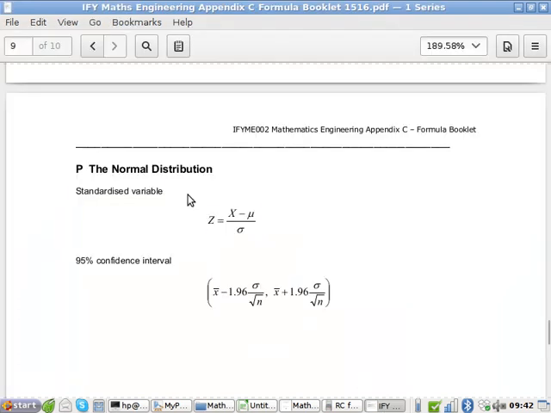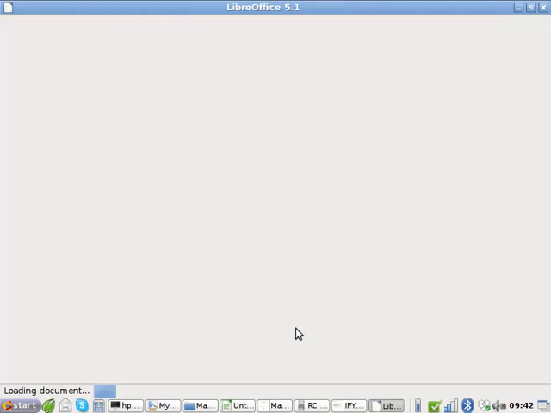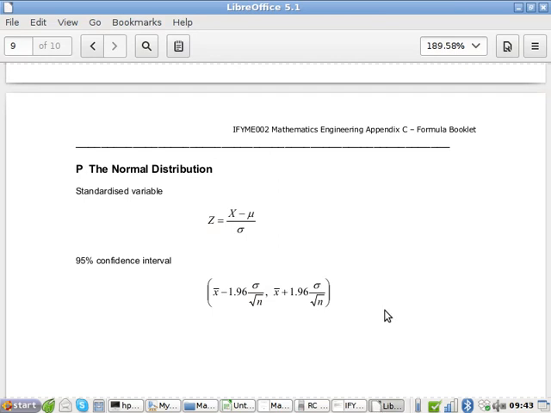So yeah, you missed that lesson on using this formula, and then using the Z value in the table. Really it's not much different to the first lesson.